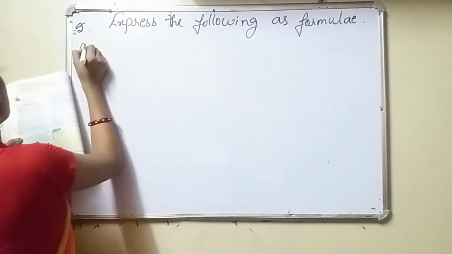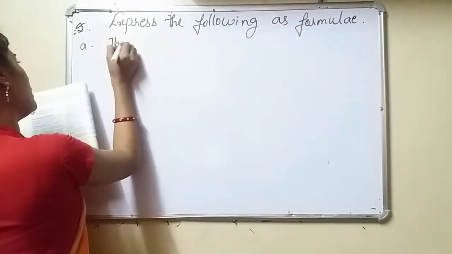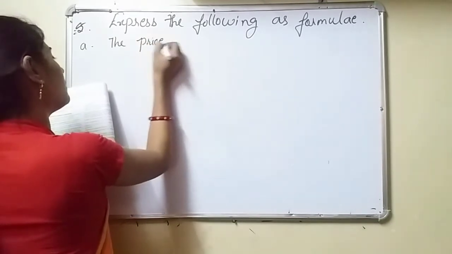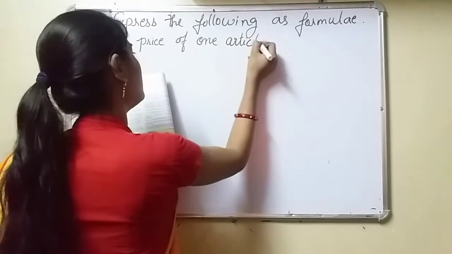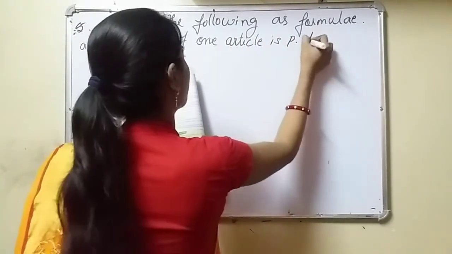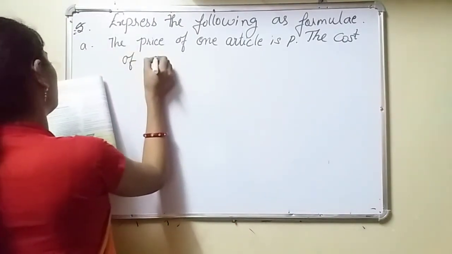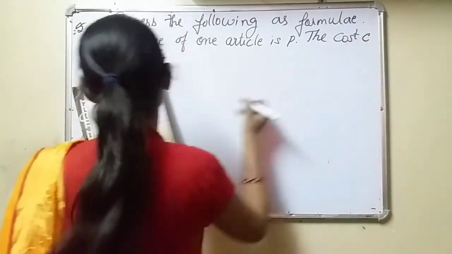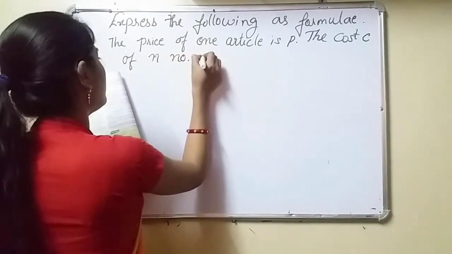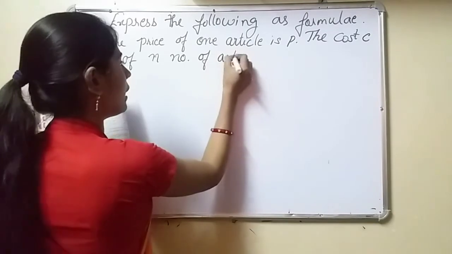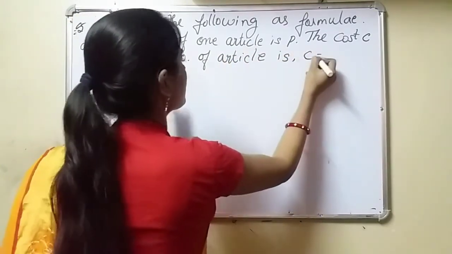Your question number A is: the price of one article is P. The cost C of n number of articles is C is equal to.